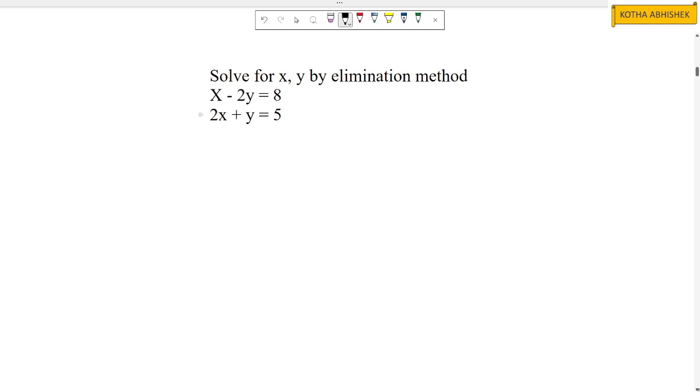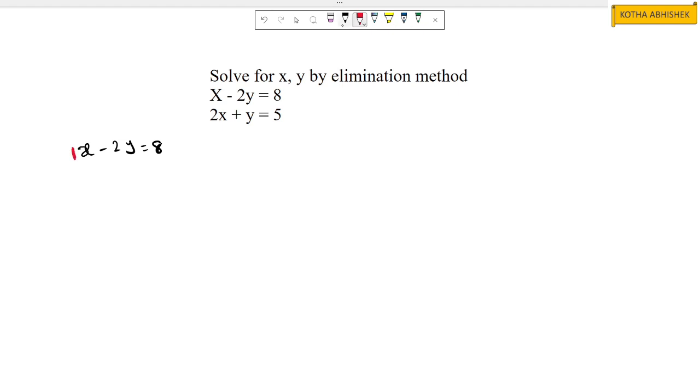Okay, the next question: two equations are given, x minus 2y equals 8 and 2x plus y equals 5. We need to solve for x and y with the help of the elimination method. So the first equation, x minus 2y equals 8, before x nothing is there, so it means 1 is there, so x coefficient is 1.